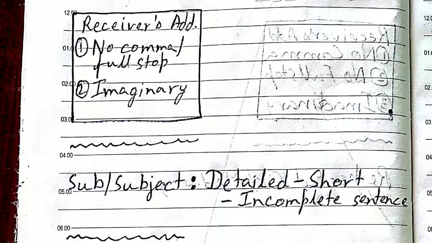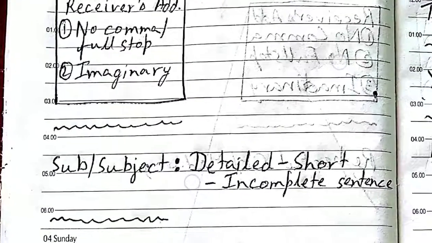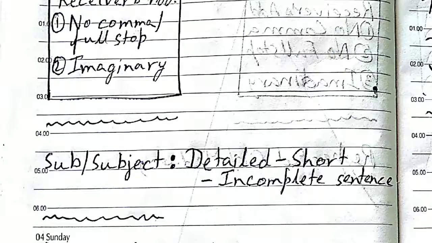Let's discuss the properties of the subject. I have seen many students writing different kinds of subjects, like I want to apply for leave, or I am complaining about the atrocities of the police in the area.